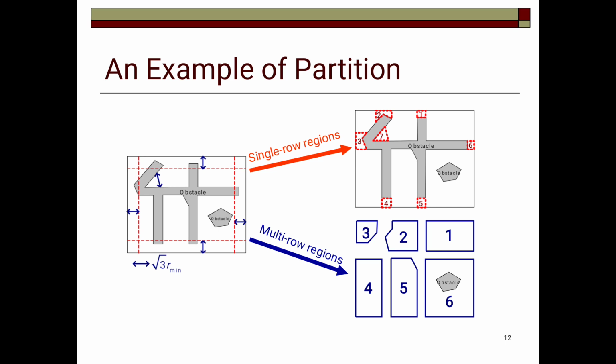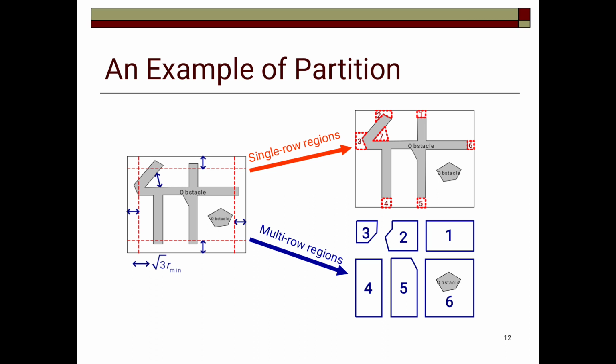We can partition into either single row or multi-row regions. In single row, we divide that area into about 7 segments. There are two obstacles, we divide that sensing area into 7 segments, and each is a single row.